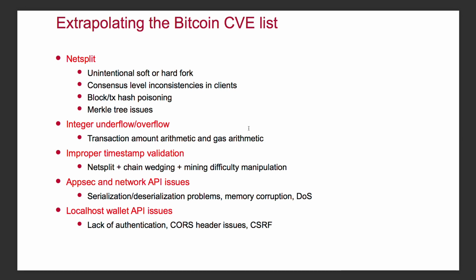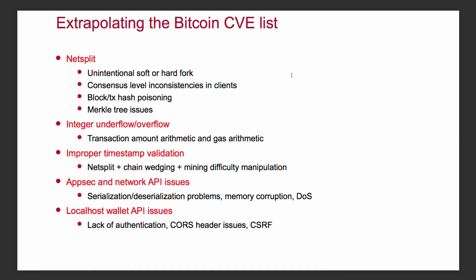And there are net split attacks. So this is when the view of the ledger gets split across the nodes. There are several reasons. It could be an unintentional soft or hard fork. So if I'm updating a client that I have already used in the network and the whole network is supposed to update it, then an unintentional fork would be something like I'm not expecting the consensus rules to be changed, and yet they do change.